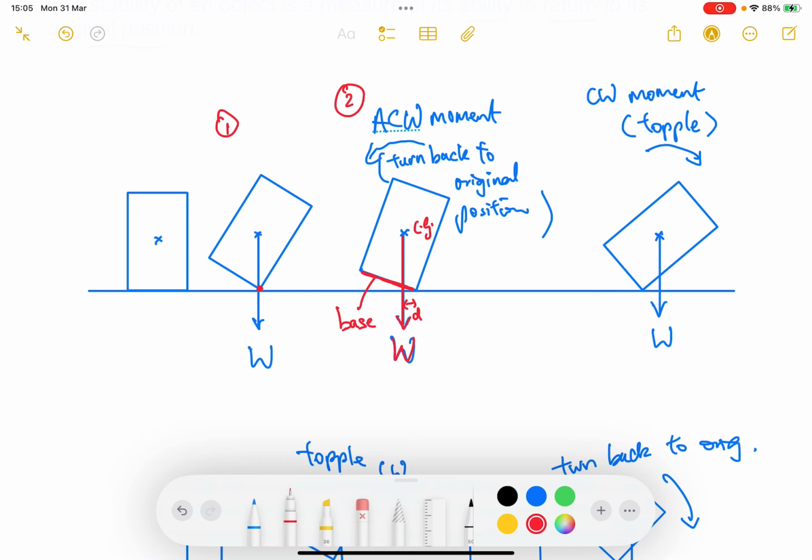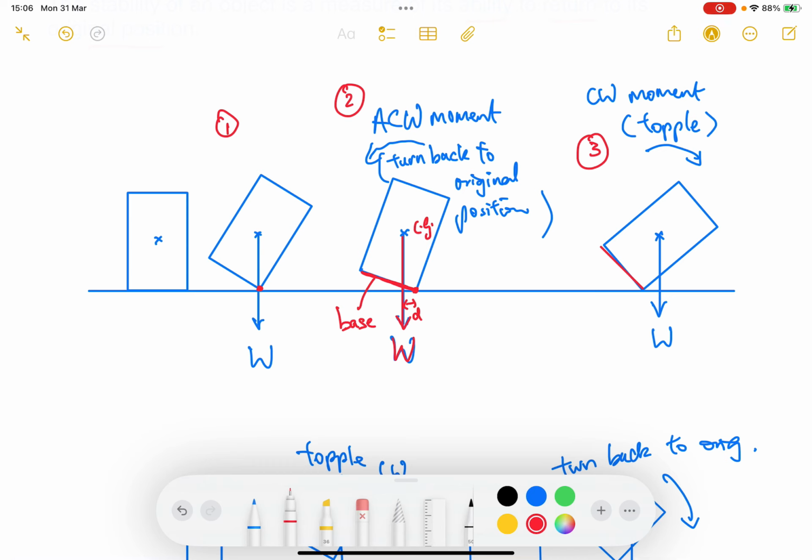So at this point, the vertex of this cuboid being the pivot, it will neither turn clockwise nor anti-clockwise. But beyond that, when it goes to this third position, the vertical line through the center of gravity is now outside of the base, right? It's now outside of the base, and the line is slightly tilted.